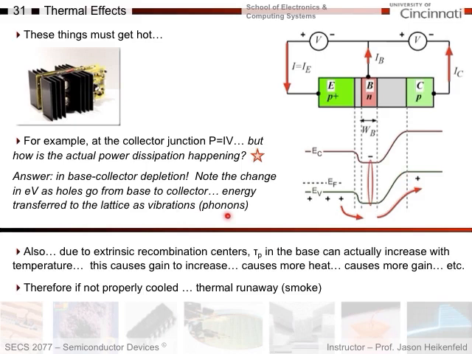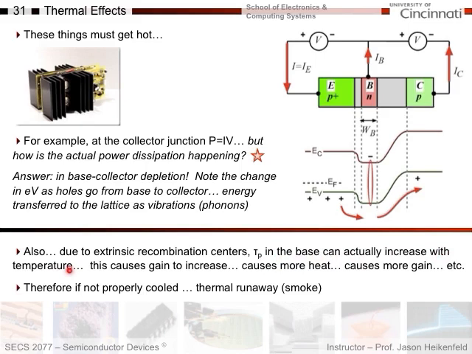It turns out that in a real BJT, a significant amount of the recombination is extrinsic, meaning it's not due to electrons and holes, it's due to defects or other things in the base which are dependent on other factors, such that the hole lifetime in the base can actually increase with temperature.